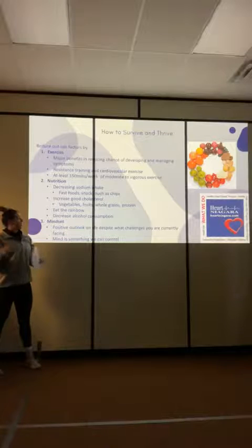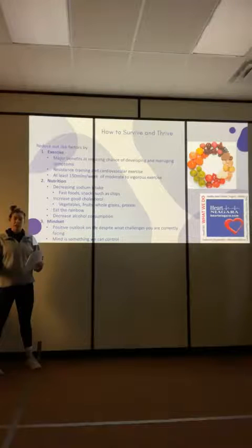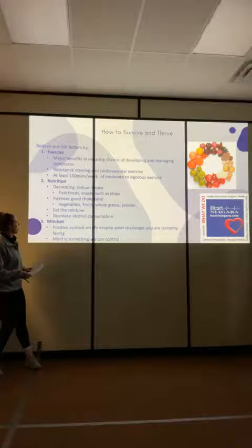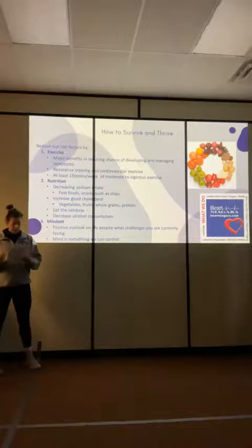Resistance training or cardiovascular exercises are a great way to help with your chronic diseases as well, because they have a bunch of benefits by helping your blood sugar levels, strengthening your muscles, your heart, your brain, and it can protect from a bunch of different cancers. For nutrition, diet has a large correlation with chronic disease development.